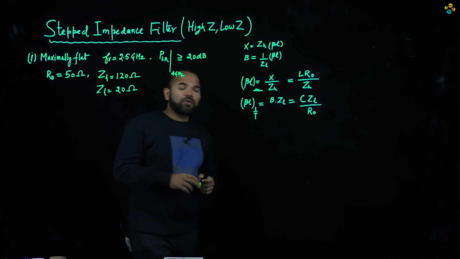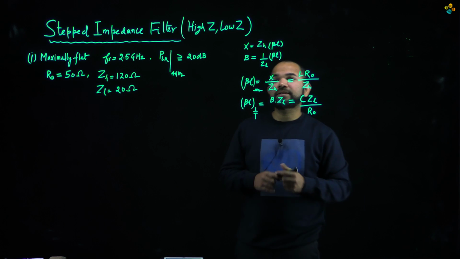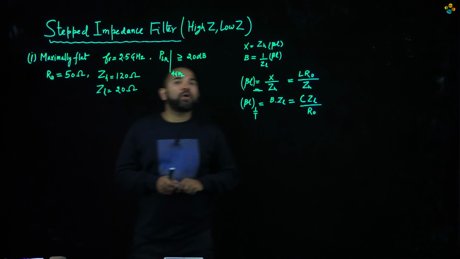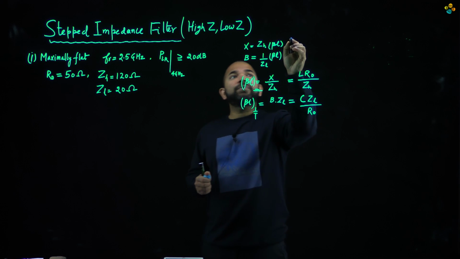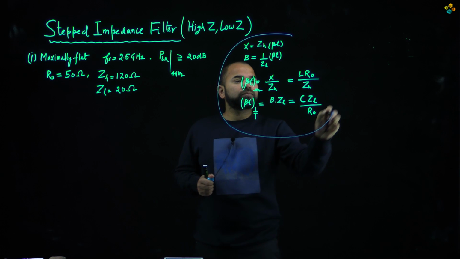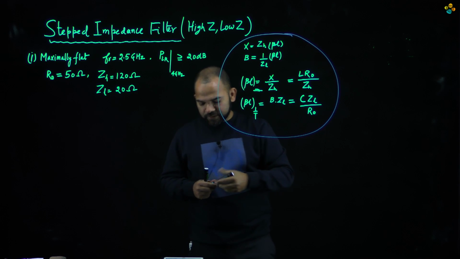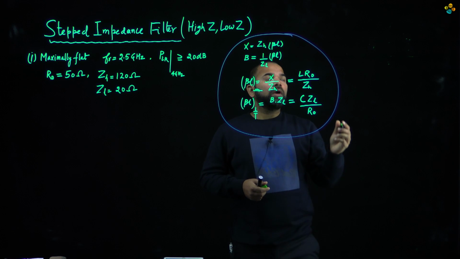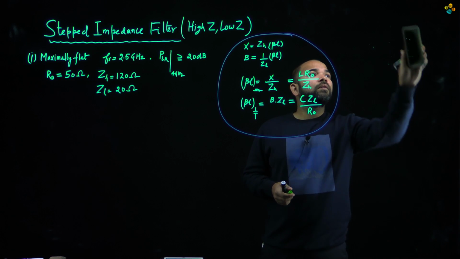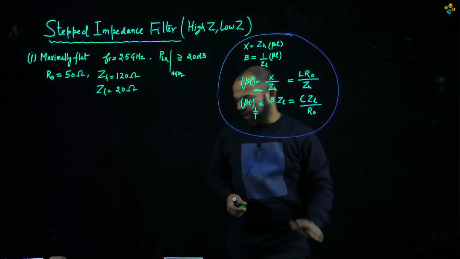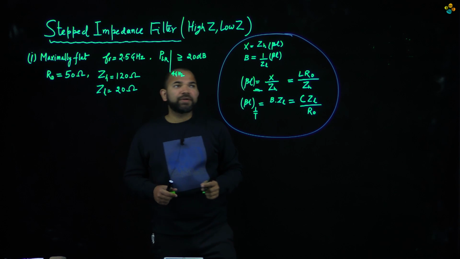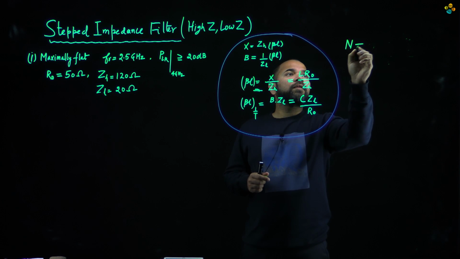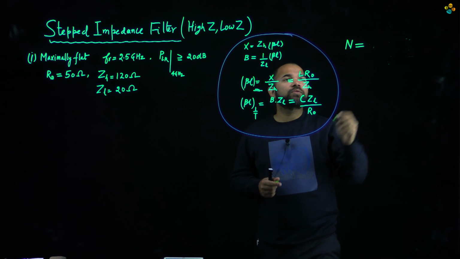So to solve this problem, as we have seen in previous cases, the first step is to calculate the order of the filter. For this we have a standard expression, which we can also derive.